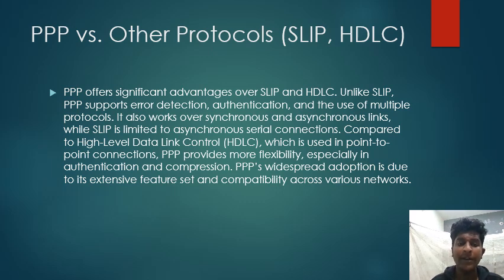Compared to High-level Data Link Control, which is used in point-to-point connections, PPP provides more flexibility, especially in authentication and compression. PPP's widespread adoption is due to its extensive feature set and compatibility across various networks.